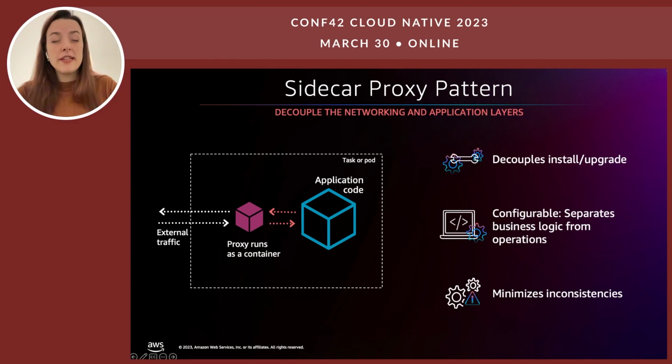It is basically a way to decouple the networking and the application layer. All the traffic that goes into the application container or is generated from it passes through the proxy.